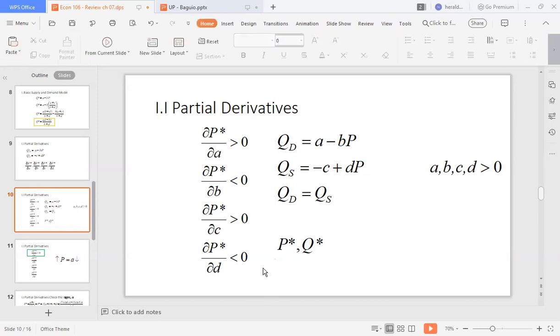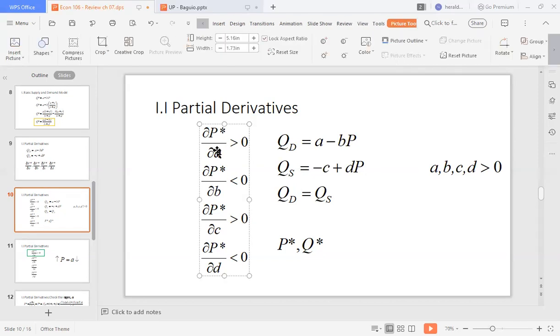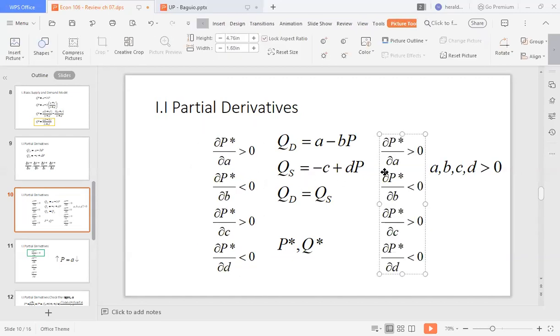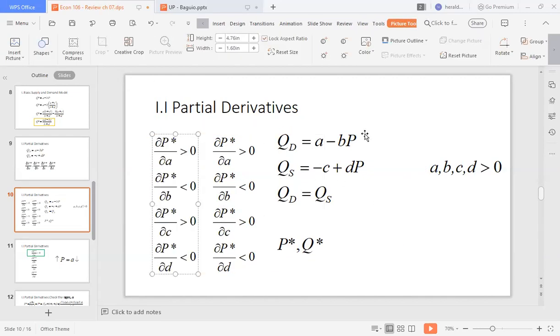Now, our exercise for today was only on P star. We will also do the same exercise in your free time on the values for Q star as well.